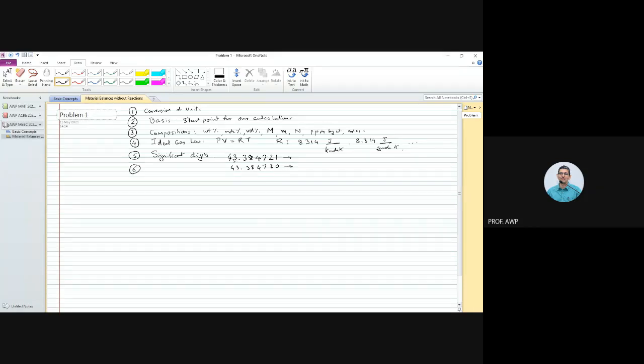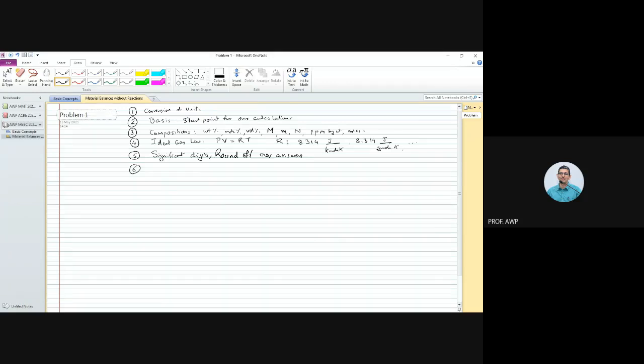No, it is not like that. In fact, if you write so many decimal places, I will give you a 0. So don't think that you are going to lose marks by rounding off. We should always round off our answers.